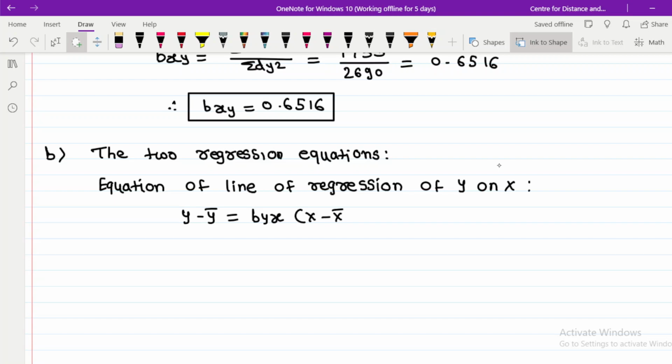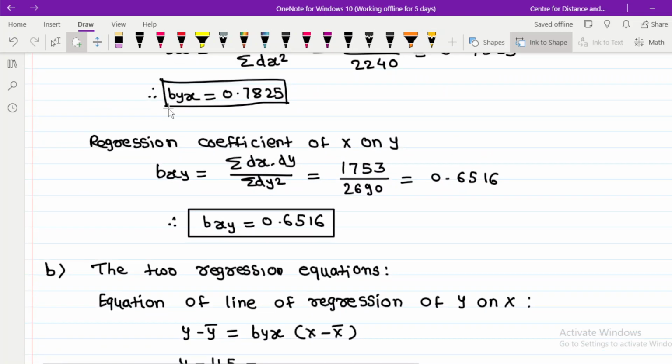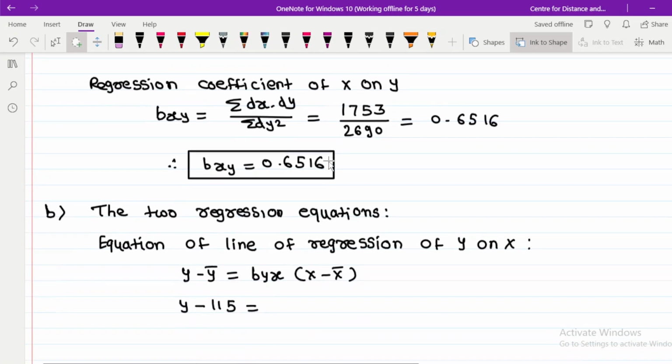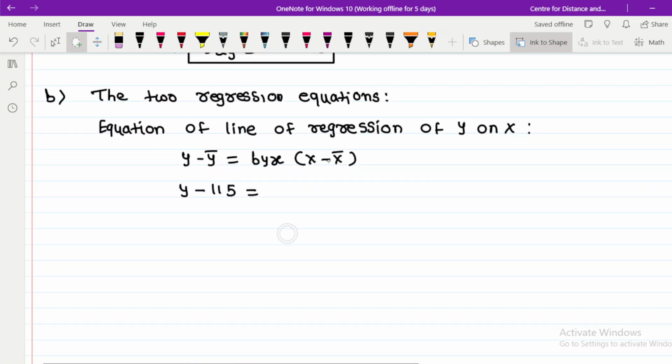Now y minus y bar, where the value of y bar is 115, is equal to byx, which is 0.7825, into x minus x bar, where the value of x bar is 75.